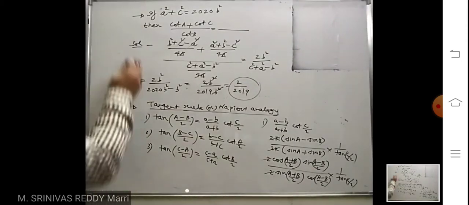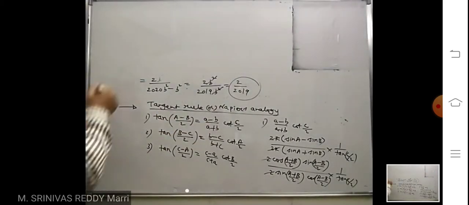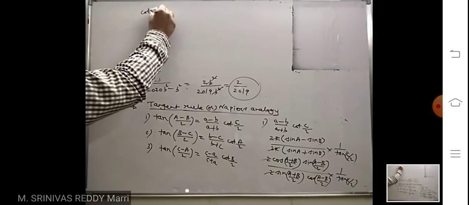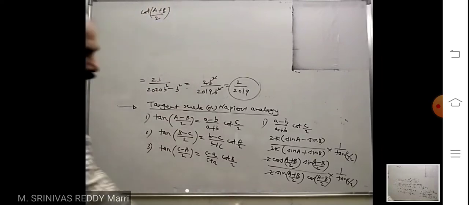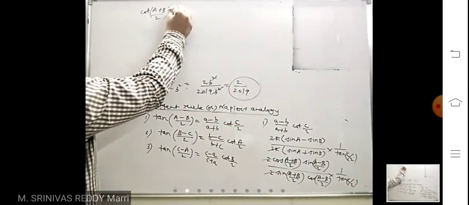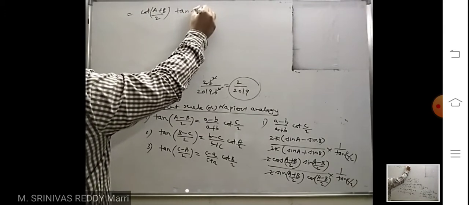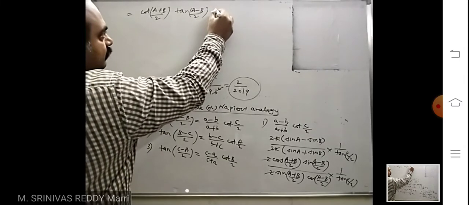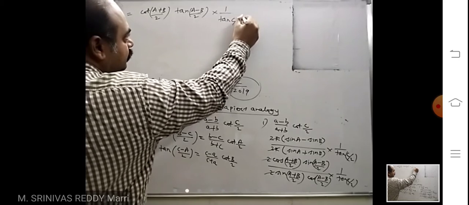Cos by sin is nothing but cot of (A plus B) by 2, into, sin by cos is nothing but tan of (A minus B) by 2, into 1 by tan C by 2.